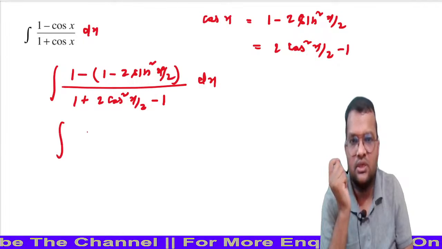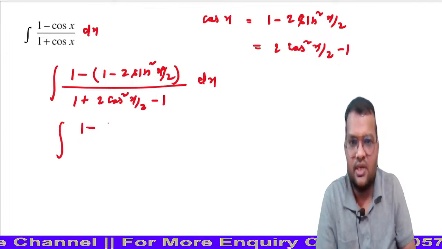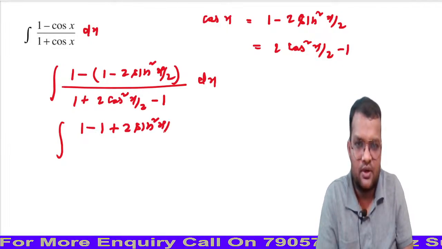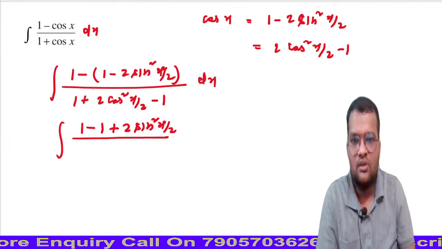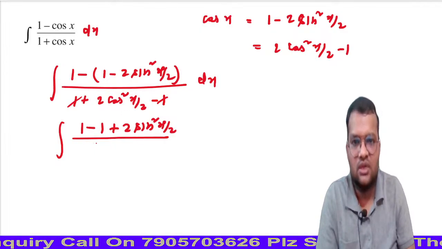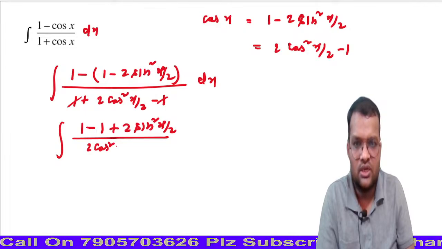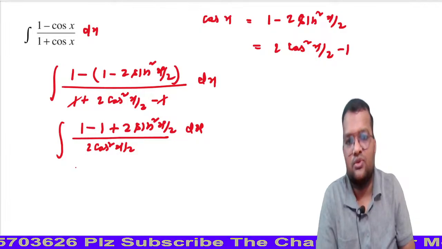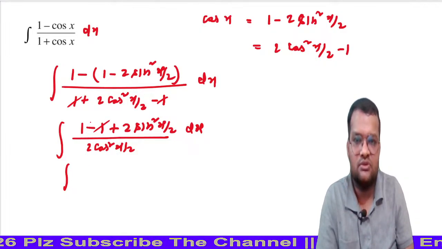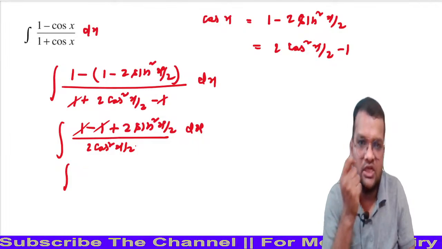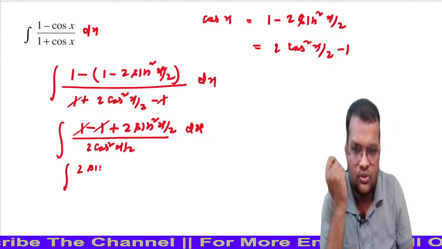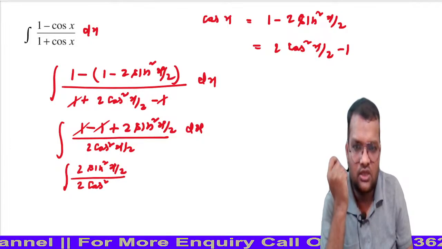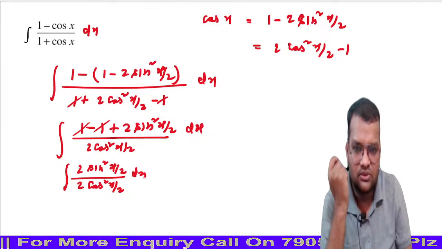So here break the bracket: 1 minus 1 plus 2 sin square x upon 2, upon 2 cos square x by 2 dx. You can cancel out this one and this one. So it becomes the integration of 2 sin square x by 2 upon 2 cos square x by 2 dx.